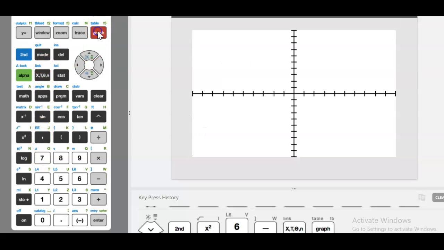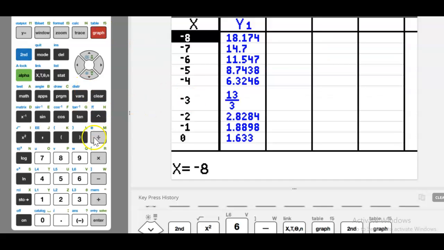We can look at our graph. It looks kind of familiar, like a parabola, but there are some exclusions. The exclusions might be more clearly seen from the table, so we'll go second graph to look at the table. As long as our x's are really, really small, like negative 8, we get a number out.